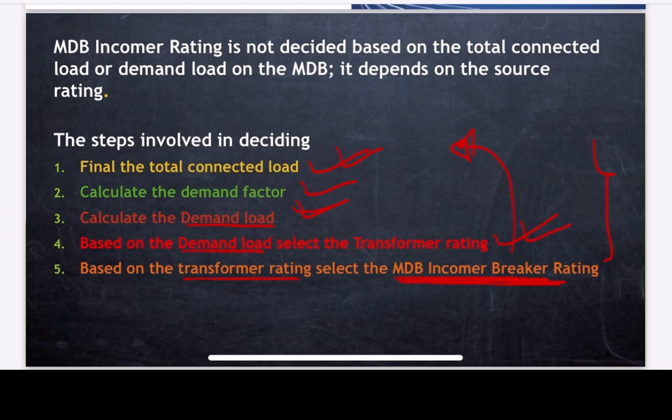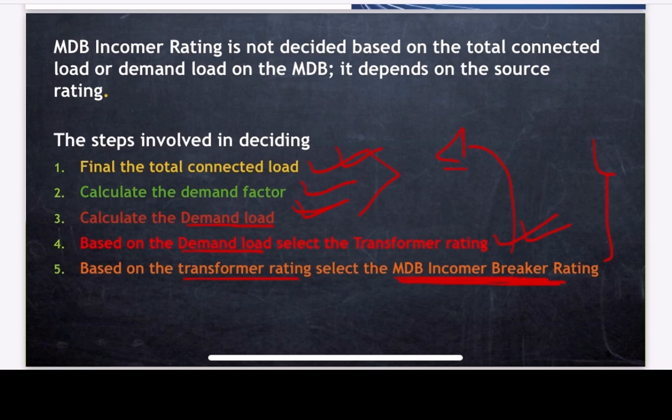But if someone asks which factor the MDB incomer rating depends on, we select it by considering the source rating connected to the MDB. Indirectly it depends on the total connected load and demand load, as the transformer rating depends on them. I hope you are clear so far.